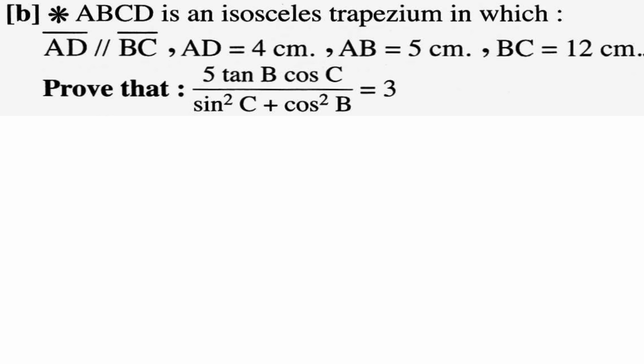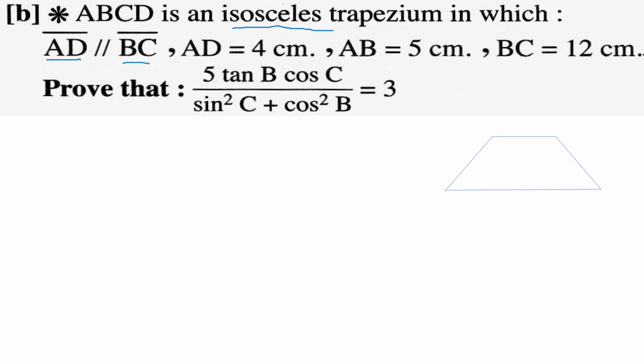Question B says ABCD is an isosceles trapezoid or trapezium in which AD is parallel to BC, and gives AD 4, AB 5, BC 12. Let's draw this isosceles trapezoid.